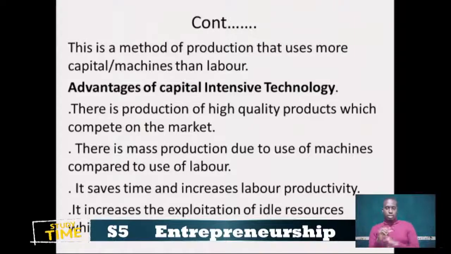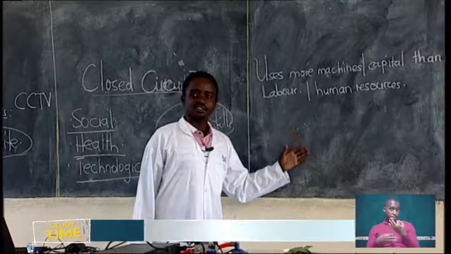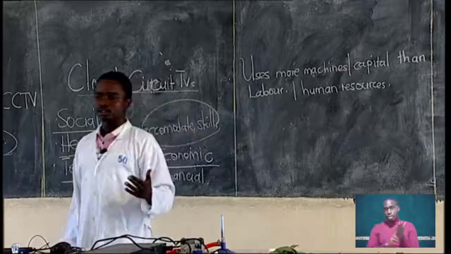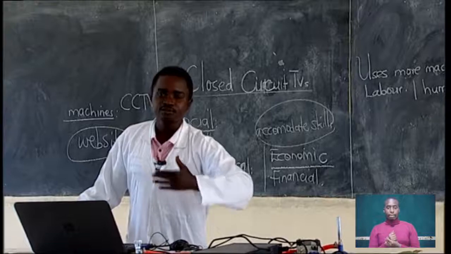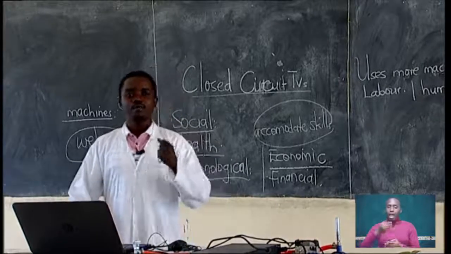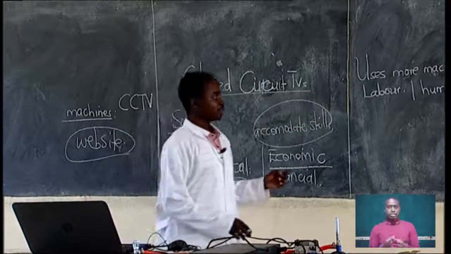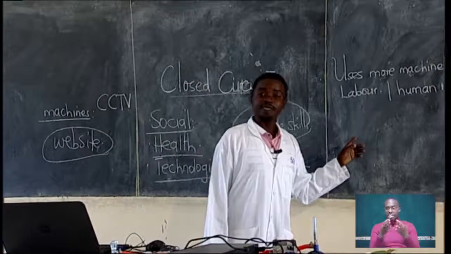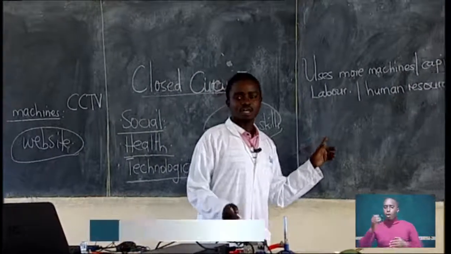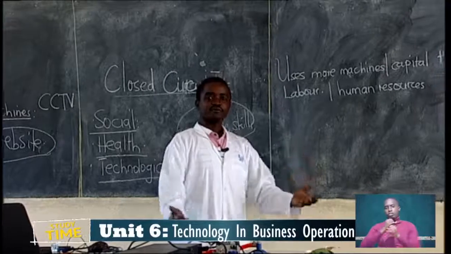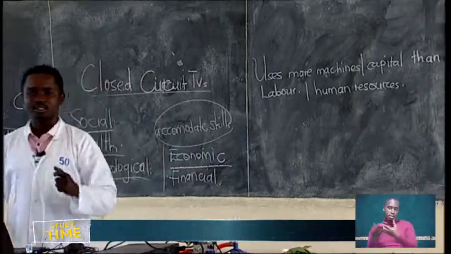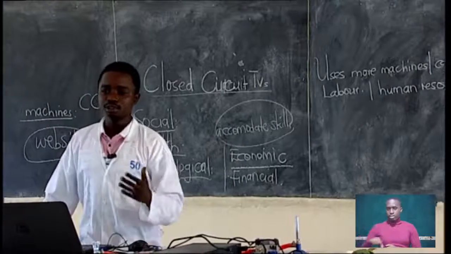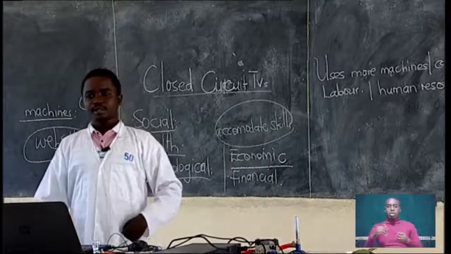By use of machines, it will lead to the production of high-quality products, which are able to compete on both national and international markets, and therefore fetch high prices. So there is production of high-quality products which compete on the market.